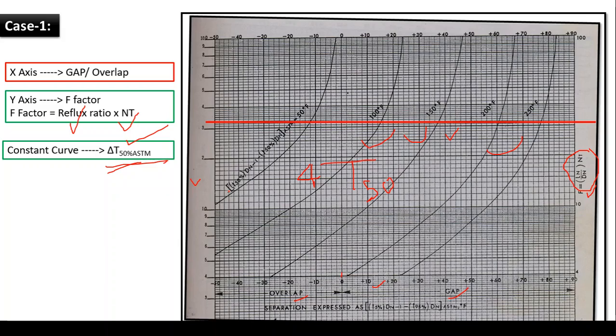In our calculations we are going to find out the x value. The x value is unknown here, and the y value is given, and these constant lines are given. So first draw a line at the y value, then go through these curves and find out the x value. Simple. This is the way we go through the solution steps.